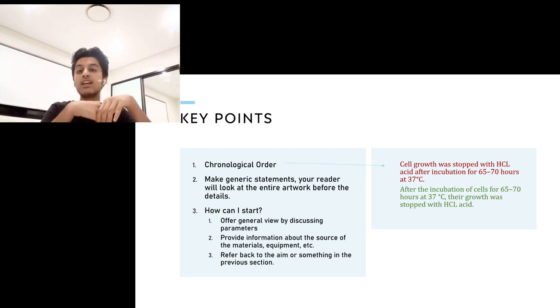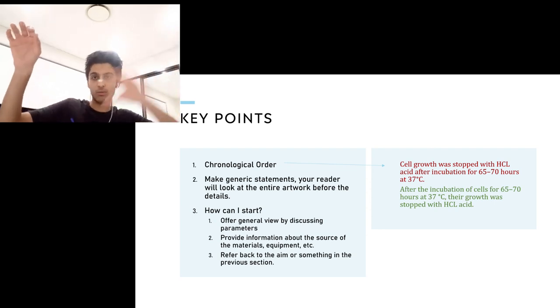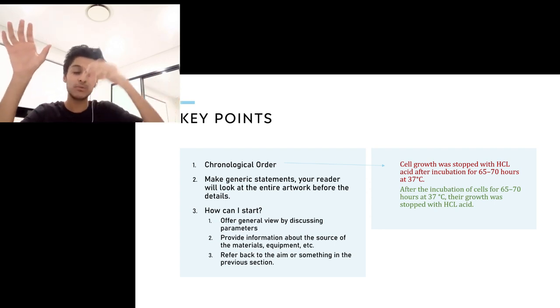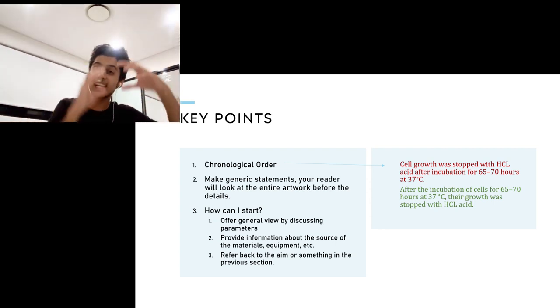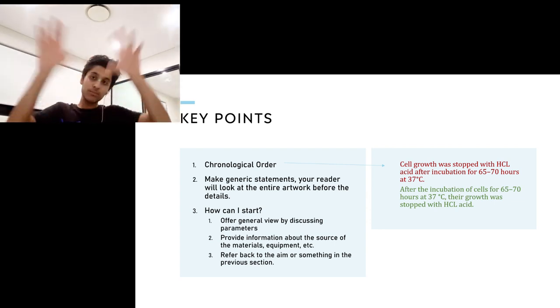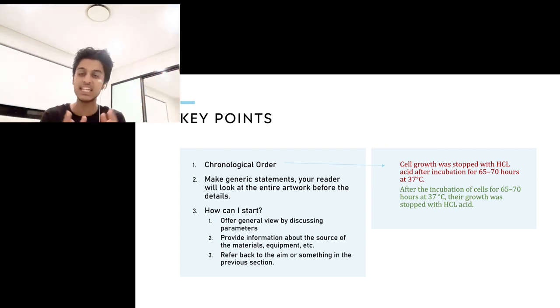You wouldn't start with 'a modified pendulum was used for this.' You'd say a pendulum was used for this. And then in the second sentence, you talk about how the pendulum was modified. So when you make generic statements, your reader finds it easy to grasp, and then you can easily lead them into more specific statements.